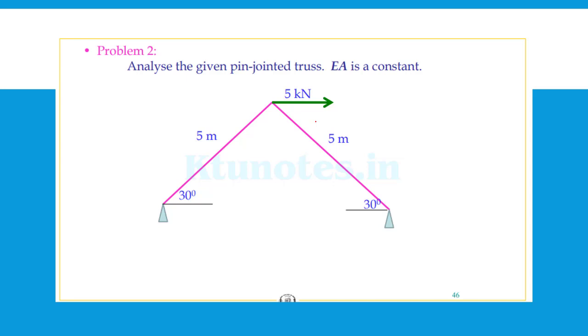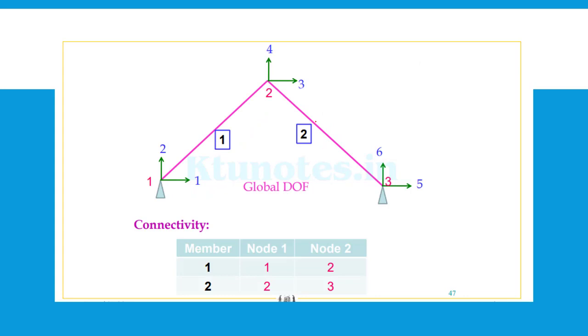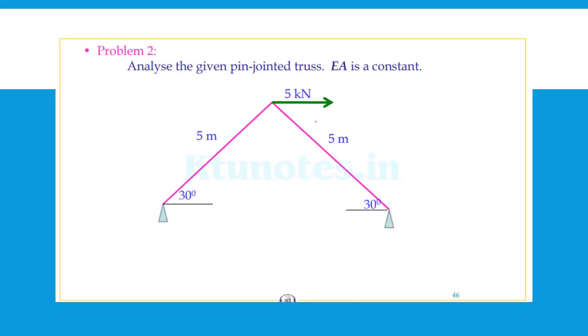Quickly see this problem also. Analyze the given pin jointed truss. A is a constant. All the lengths are given, and angles are given. Here also we have two members of 5 meter length, and the angles are given to you.